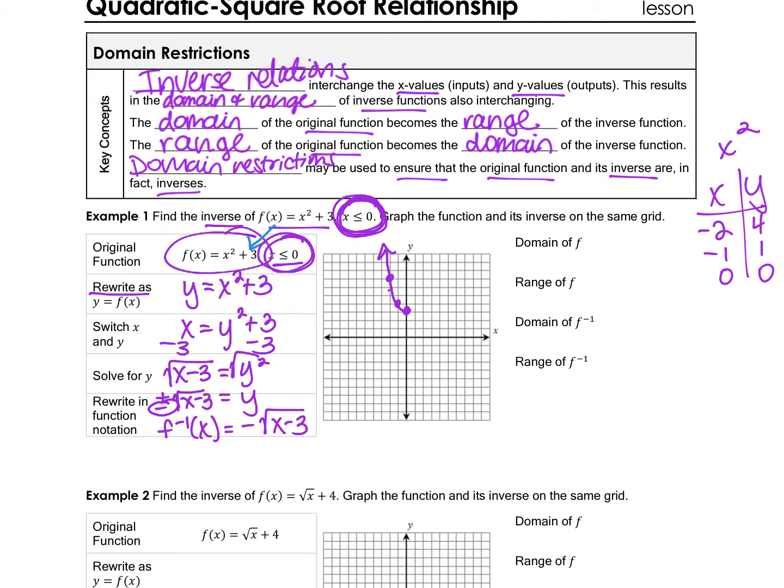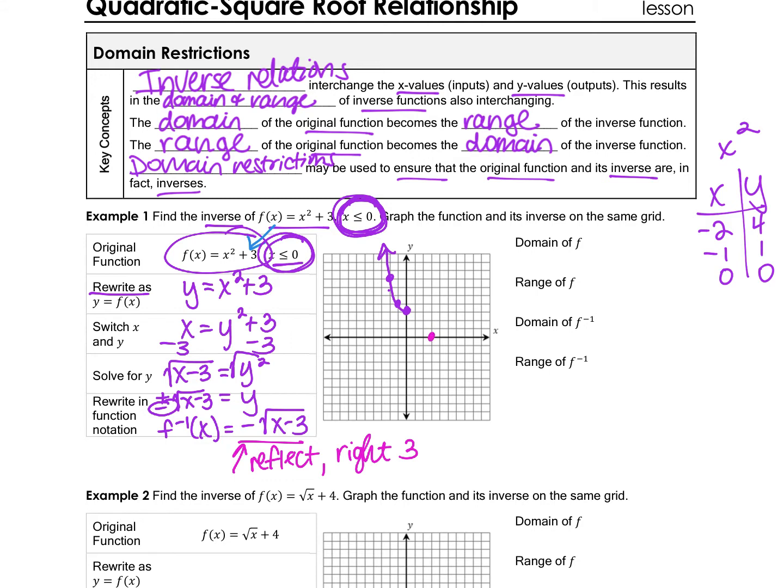Now I need to graph the inverse of that. So I'm graphing the square root. Using your transformations, the negative means there is a reflection over the x-axis. And then the x minus 3 inside means it's going to go right 3. Our square root graph normally has its endpoint at 0, 0, so I'm going to shift it right 3.